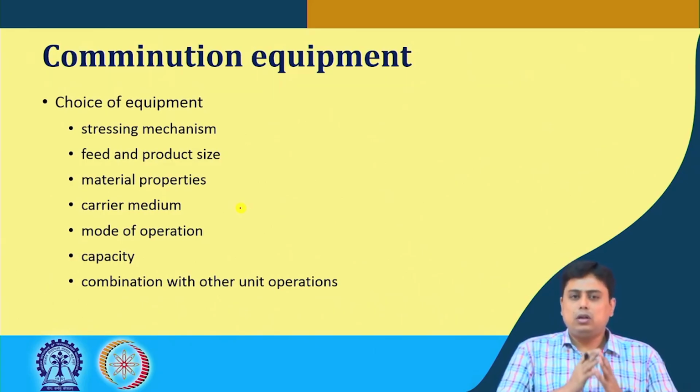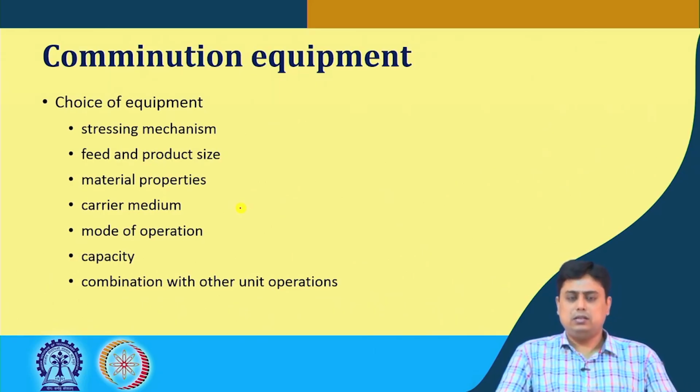It is not just that an industry is working on size reduction. It is one of the parts that comes upstream for the desired product, so it is fitted or associated with several other unit operations. Its adaptability to the other unit operations also dictates the choice of equipment.